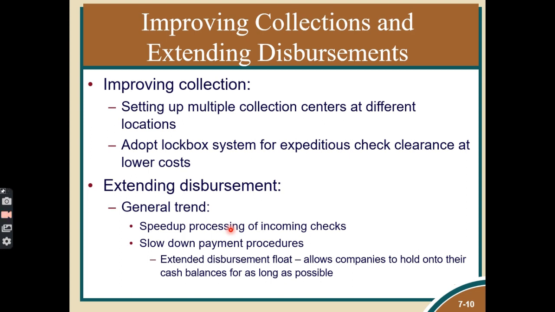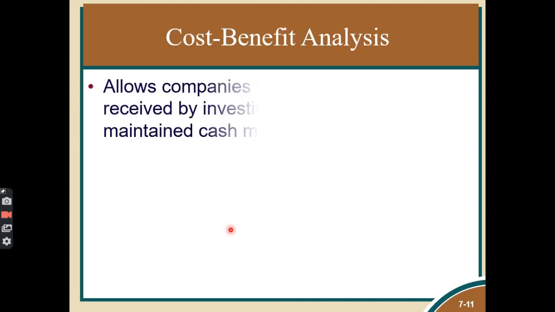Disbursement float is the delay from the issuance of a check up to the time that it clears the receiver's bank. So if we are the one paying, what we need to do is extend the disbursement float. It allows companies to hold on to their cash balance for a longer time.